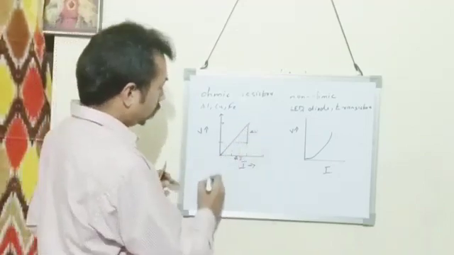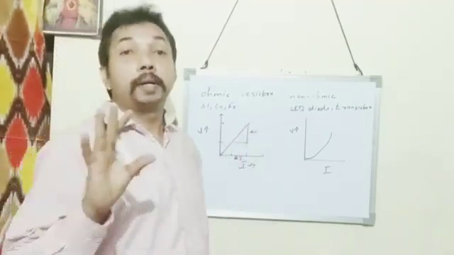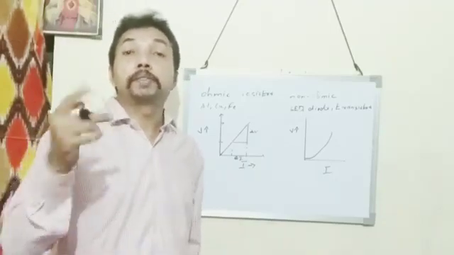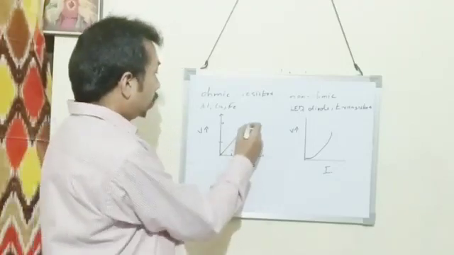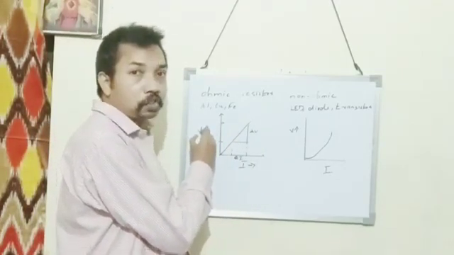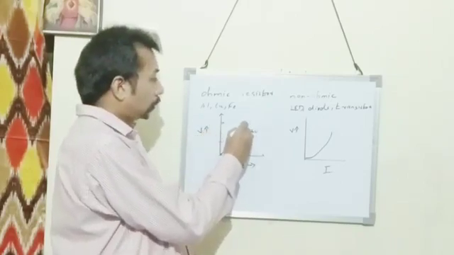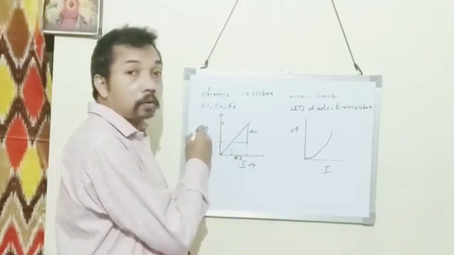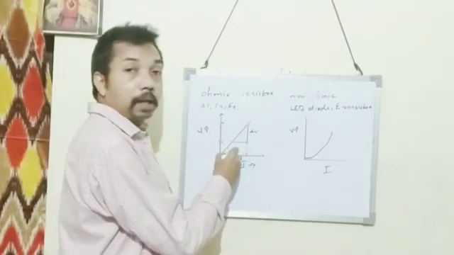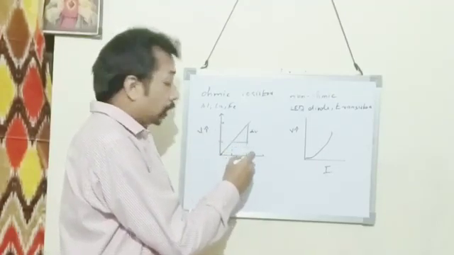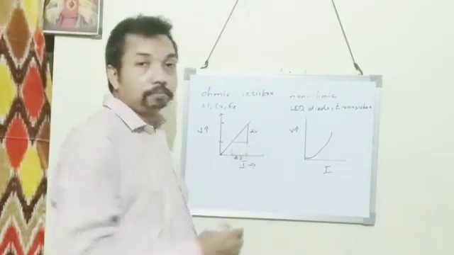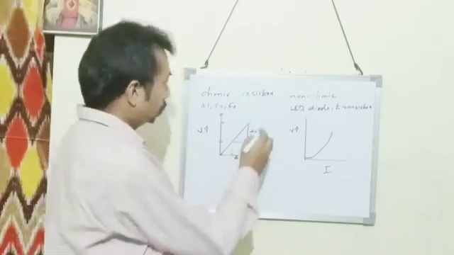Slope of a graph is the difference of y coordinate upon the difference of x coordinate. Here the difference of y coordinate is the difference of voltage, and the difference of x coordinate is the difference in current, called delta I. Delta stands for change.